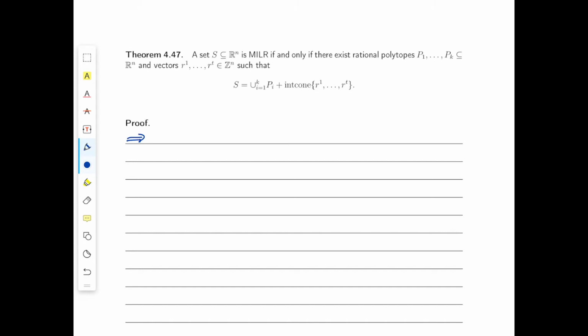Good, so let's start. We have our set S that is mixed integer linear representable. Let's just use the definition at this point.